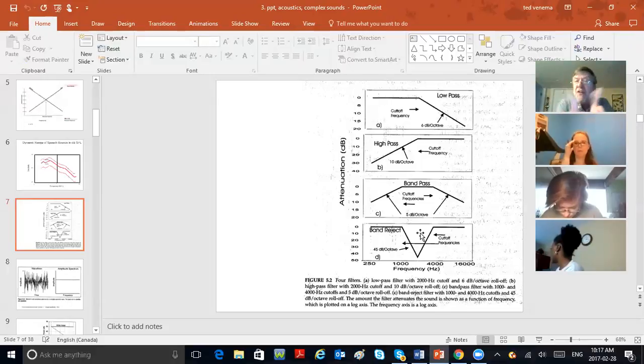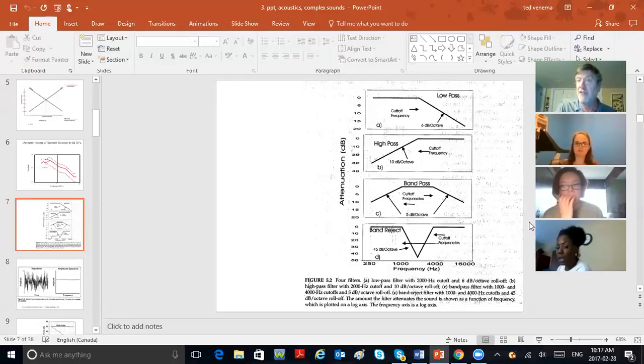Band rejects. Hospitals use band reject filters because the chords in your instruments, okay, and hospital instruments run on 60 hertz. Electricity has a 60 hertz wave. And you want to make sure you knock out that 60 hertz wave, or nurses in hospitals are going to have a hard time reading some of the instruments in the hospitals.